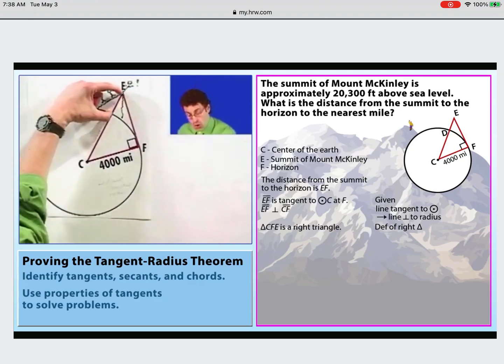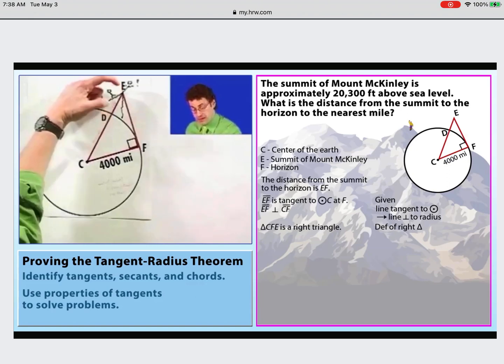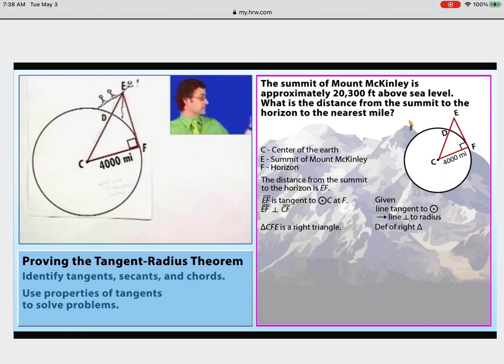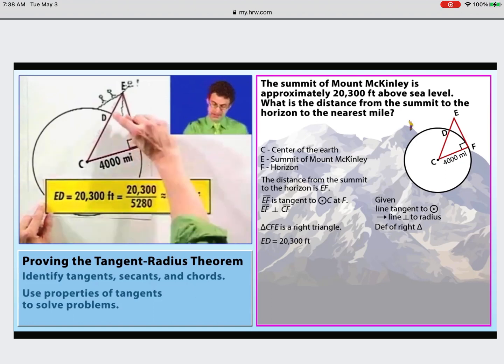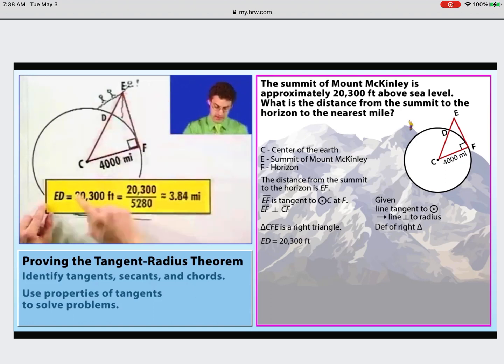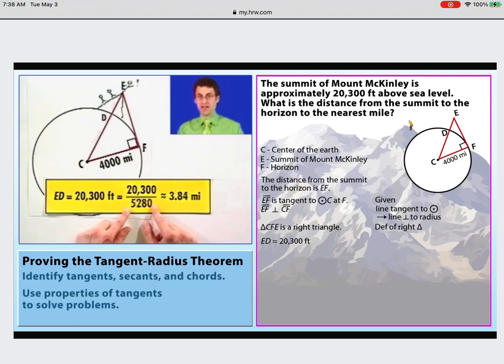Well, we actually know how tall Mount McKinley is. That's given to us to be 20,300 feet above sea level. And that's feet. This is miles. We have a little conversion, but that's no problem. We know how to do that. So if I take the distance ED, and we know that to be 20,300 feet, then all we have to do is divide that by how many feet there are in a mile, which is 5,280, and we get approximately 3.84 miles.